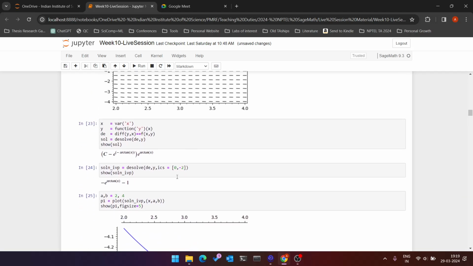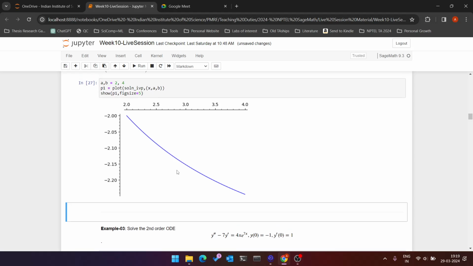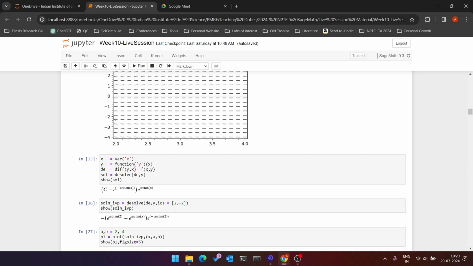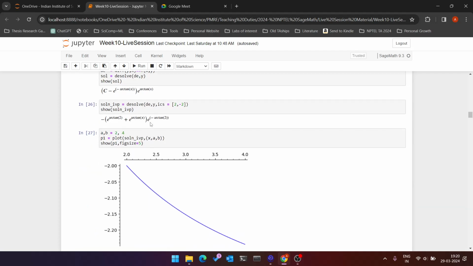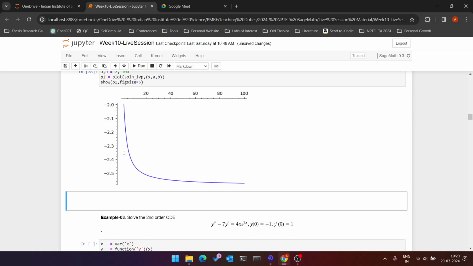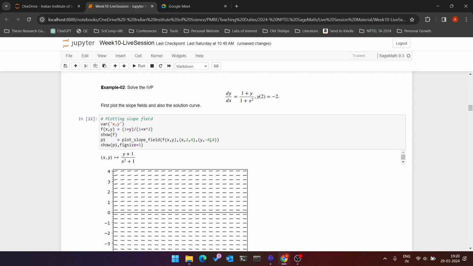y of 2 is -2. I made a mistake. Right, so this is how it looks like. A gently downward sloping line. Okay, if I increase its range even more, it seems to be saturating after some point. Suppose I increase y from -3 to 3 and x going from 2 to 100.